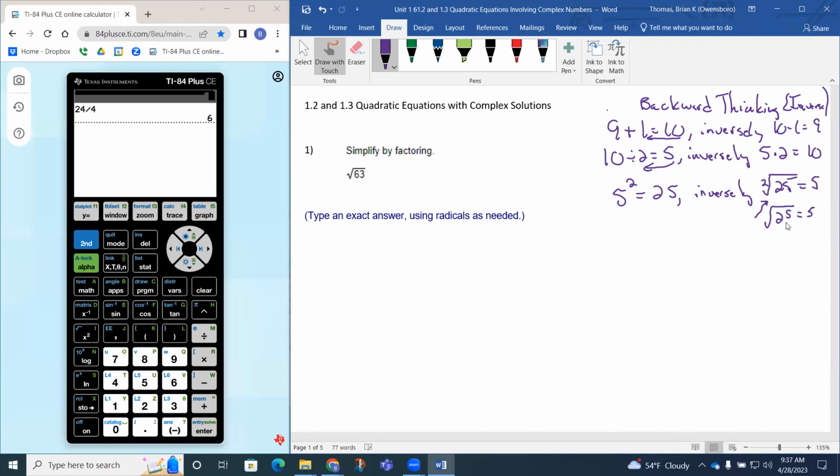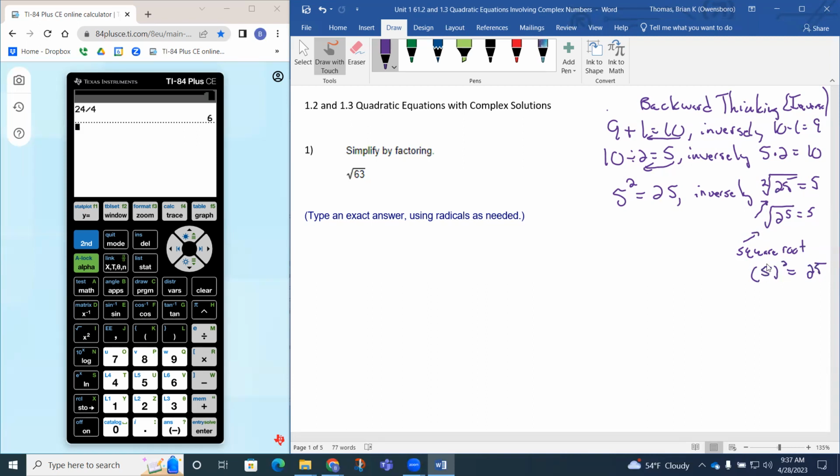So again, this is what we call the square root symbol. Root kind of means origin, beginning. So what this symbol is saying is, what root number did we square that gave me this 25? And that would be 5.